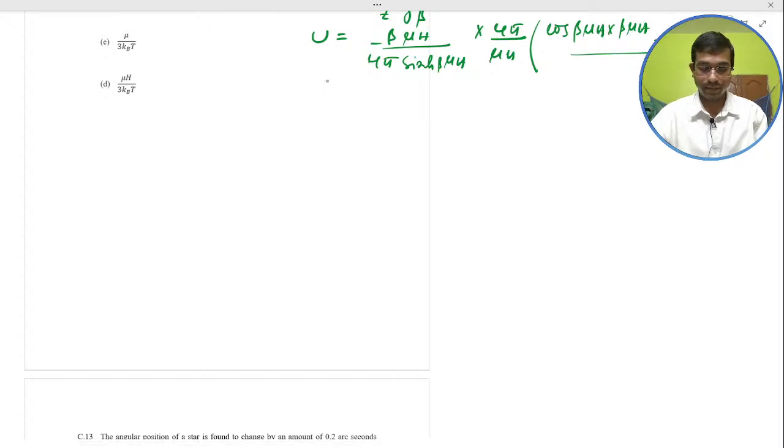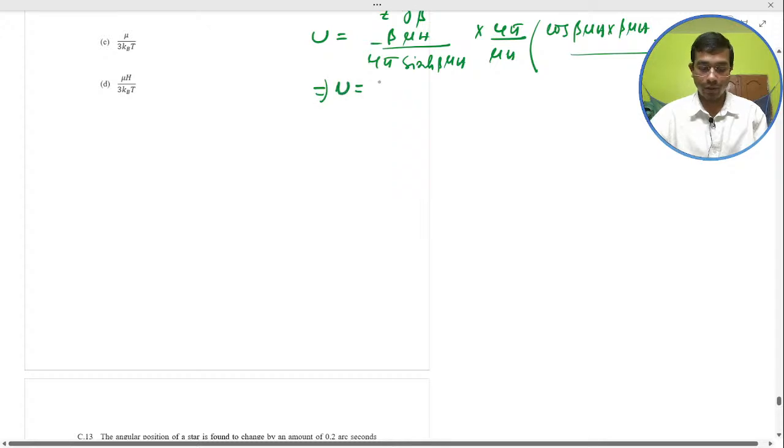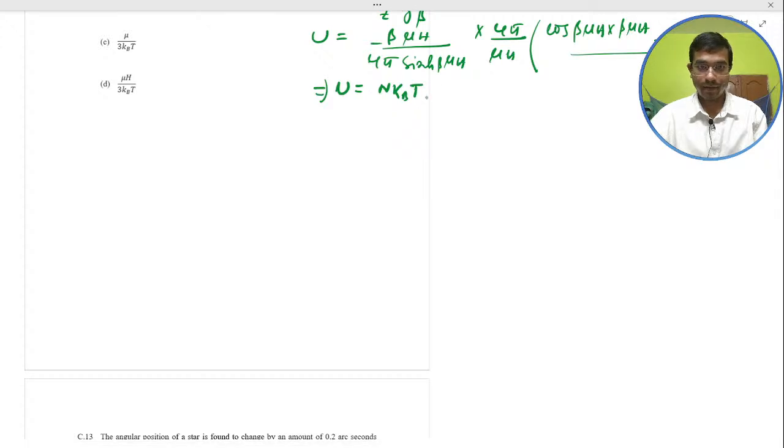So you would get the value of U = nk_BT − nμh coth(βμh). And F is what?